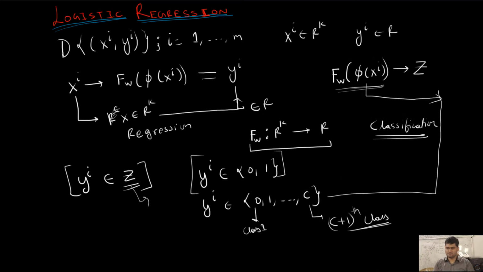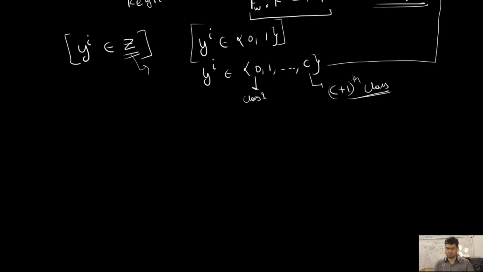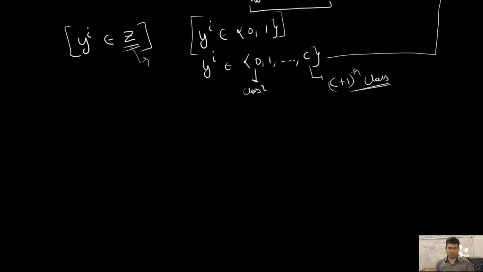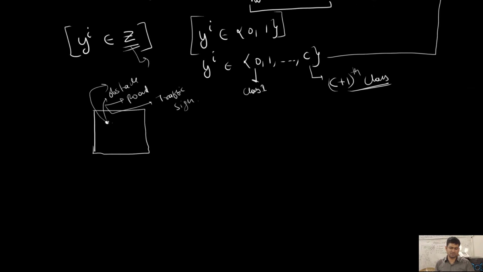To give you an example, if you have a particular image, let's suppose you want to classify a pixel. For example, you want to know whether this pixel belongs to an obstacle, or perhaps road, or perhaps to a traffic sign. Then basically you are mapping each of the pixels in the image to these particular classes, whether this pixel is an obstacle or a road or a traffic sign, right?